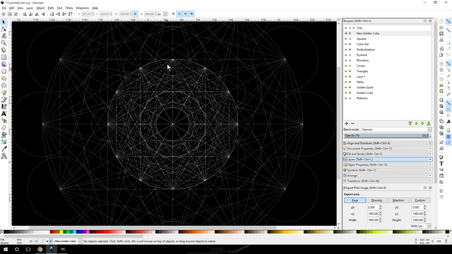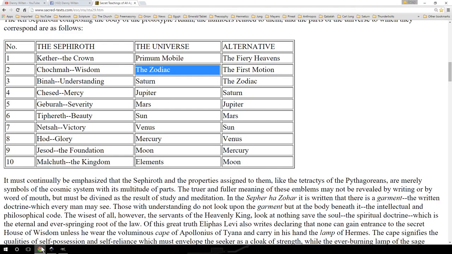After that, you have 12 surrounding spheres, and the 12 surrounding spheres would be the same as what we would consider the zodiac. So there is a pattern and there is a geometry to this and what we are seeing in the cosmos.